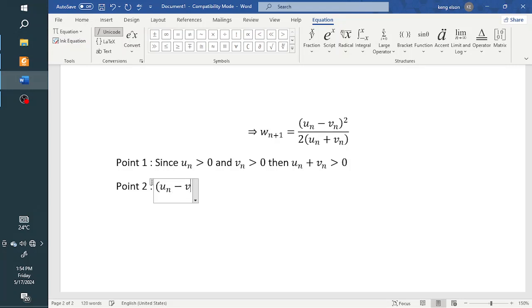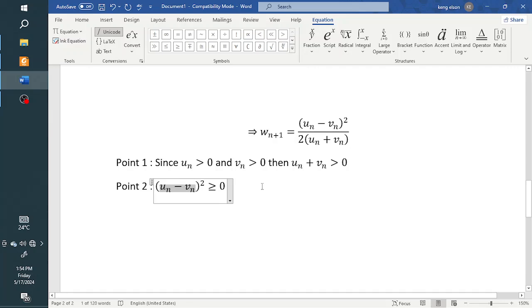(un minus vn) all squared is always greater than or equal to 0, because un could be equal to vn, nobody knows. We don't care about what is inside here; even if what is inside here is negative, once we square it, it becomes positive.